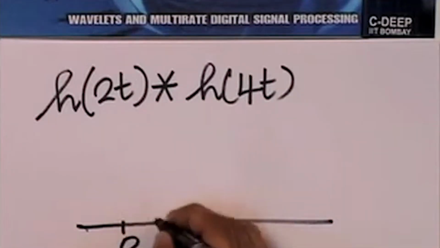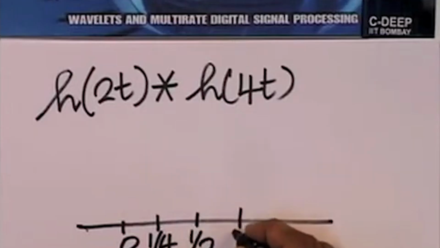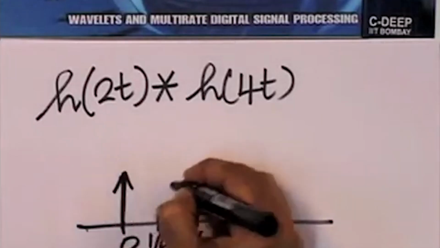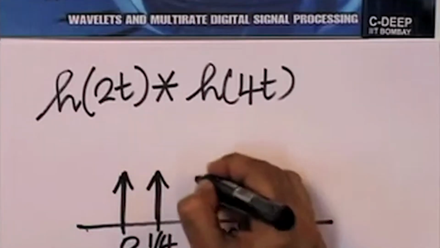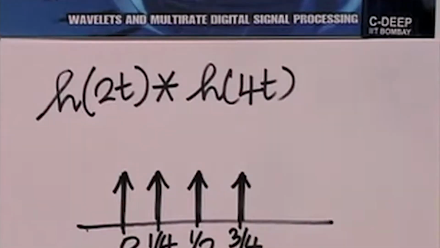You get an impulse located at 0, 1 at 1/4, 1 at half, and 1 at half plus 1/4, which is 3/4. So, you get impulses here. Now, convolve this again to take the next term with h of 8t, as that infinite product asks you to do.